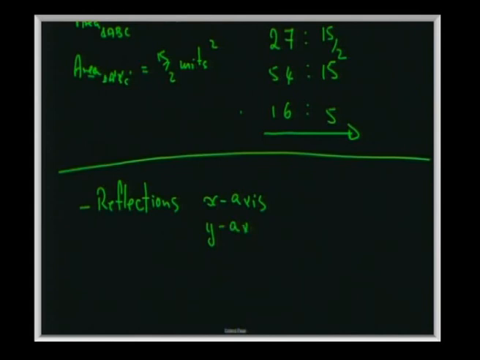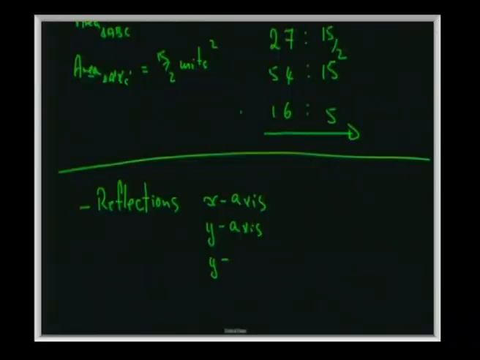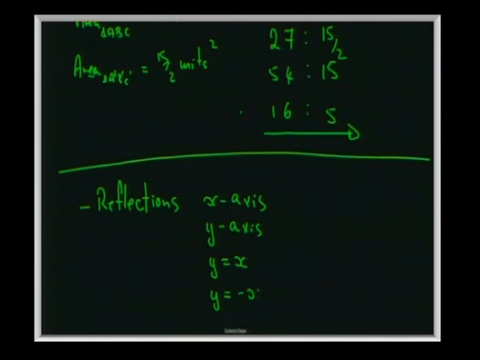That's when the y values changed sign. We had reflections in the y-axis, and that is when the x values changed. We had reflections in the line y equals x, and that was one when the x became the y and the y became the x. And in doing some of the questions, we also picked up a reflection in the line y equals minus x. Let's write out those transformations.